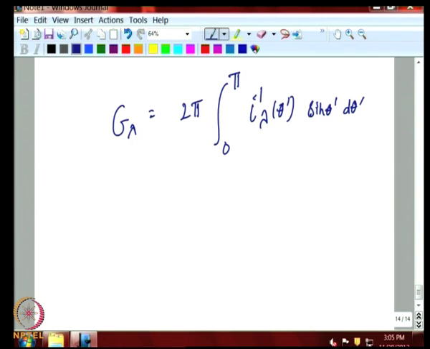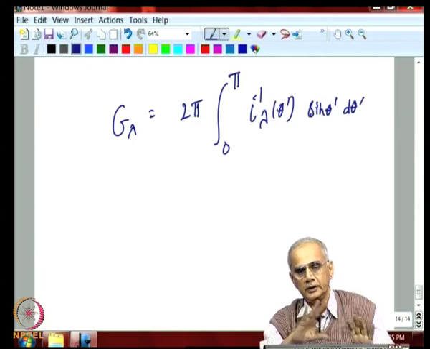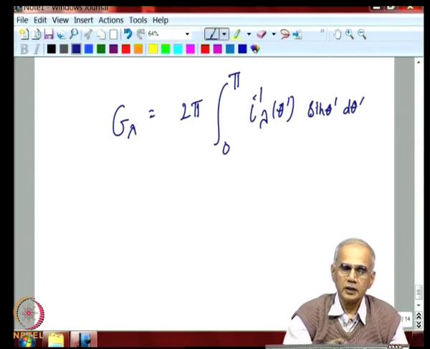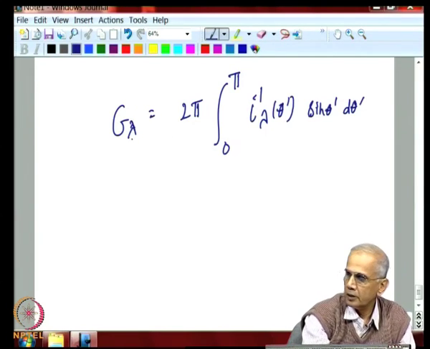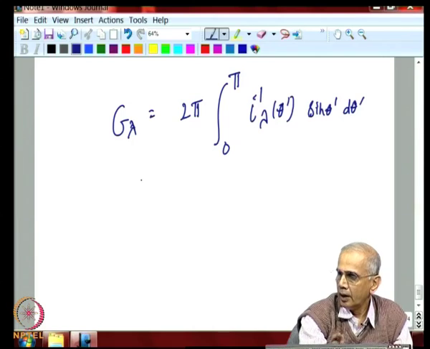So, we are neglecting the changes in the phi direction, it is only the theta direction we are concerned with.